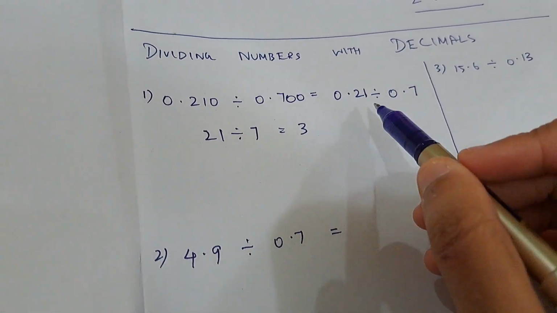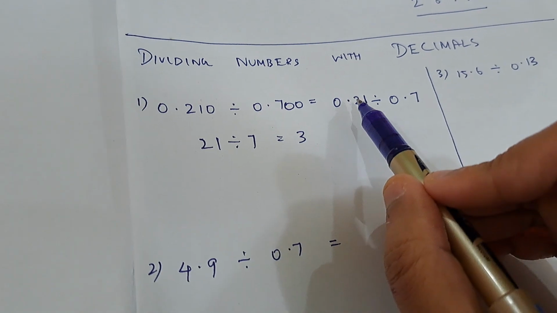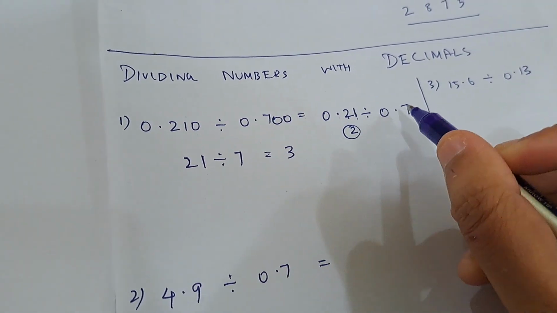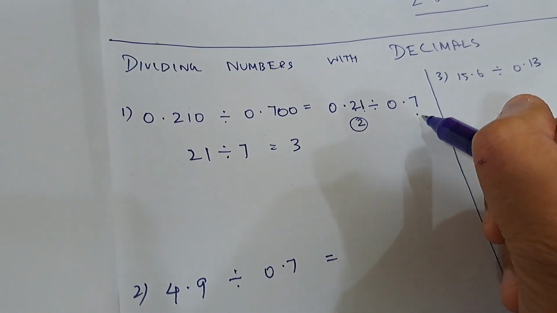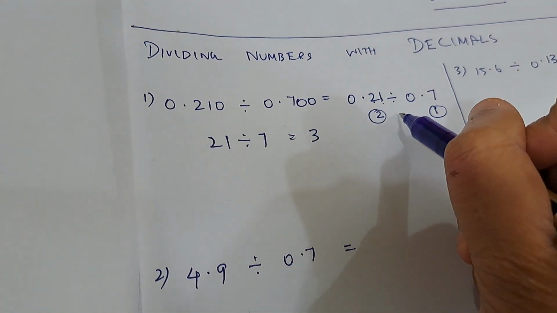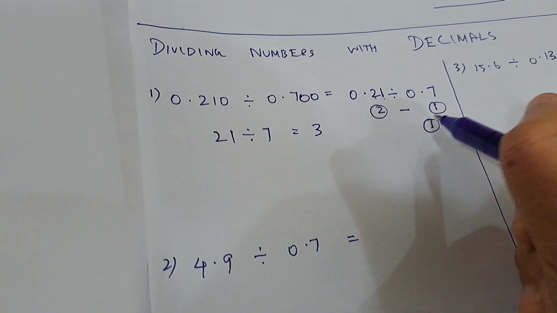For division, count the number of digits after the decimal point. 1, 2. And in this number, there is 1 digit after the decimal point. For division, we will subtract these numbers: 2 minus 1, 1.